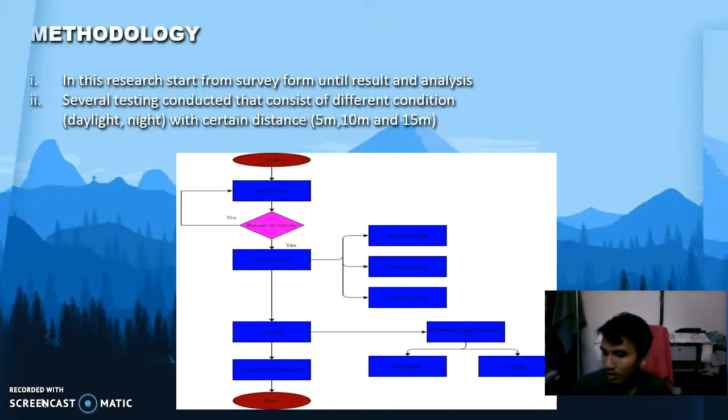Next we do the testing regarding distance: 5, 10 and 15 meters, in the daylight condition and night condition. Okay, next is result and analysis of the data. Okay, that's all from me.